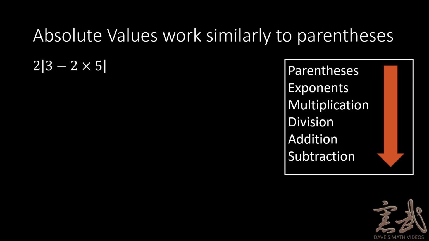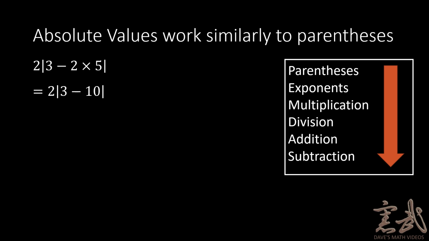Here is a slightly more difficult example. Here we have 2 times the absolute value of the quantity 3 minus 2 times 5. Recall that absolute values work similarly to parentheses. This means that I must evaluate what is inside the parentheses first. So, if I look at what's inside the parentheses, I see that I have 2 times 5.